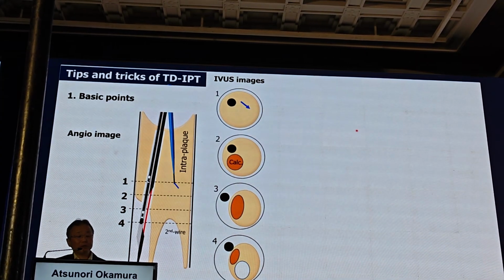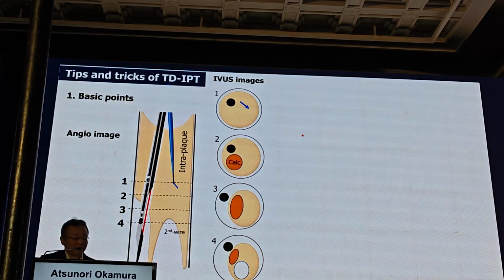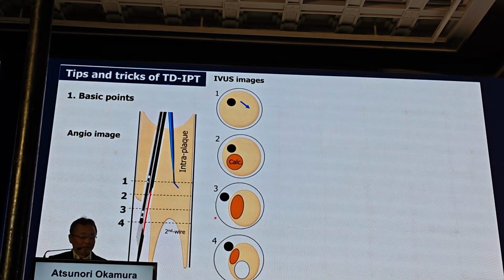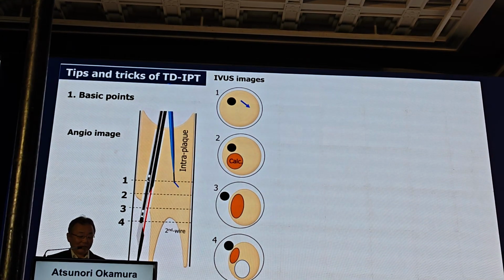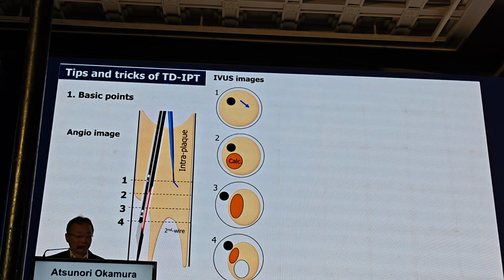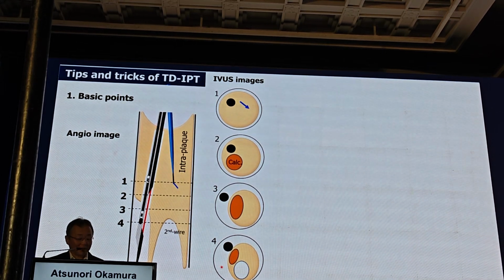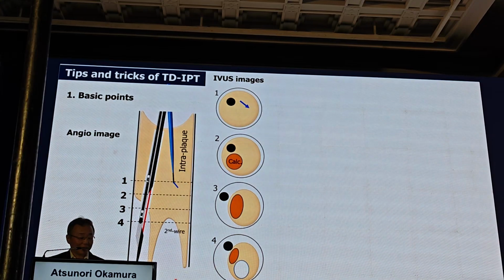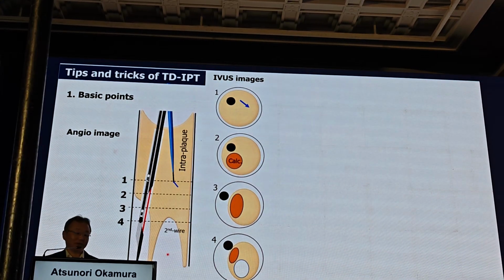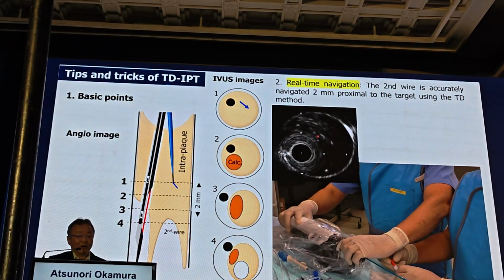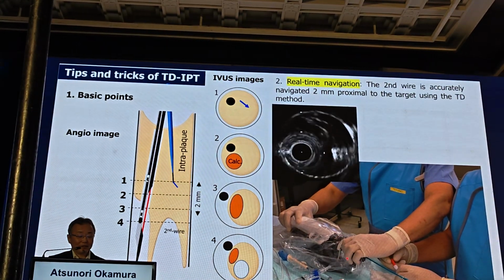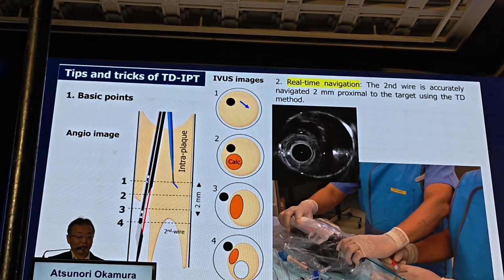So these are tips and tricks of tip detection intra-plaque tracking. First, it's a little bit difficult to explain, but the fusion is important. Transfer the spatial information from the IVUS to lumen, sorry, to the fluoro image. So this is important. Then you have to do the tip detection. This is the second operator's movement of the hands.